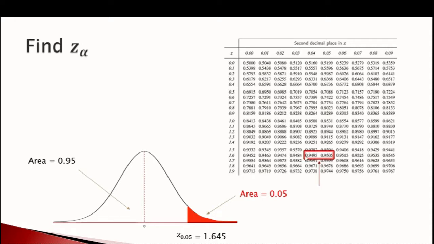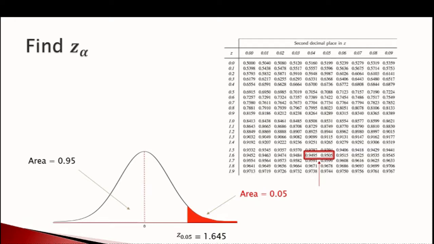So if I match this out to the left, I can see it takes the value z 1.6, and then match it up, it's between 0.04 and 0.05. Sometimes some books take right in the middle, 0.045. When you add these two values together, you get 1.645.